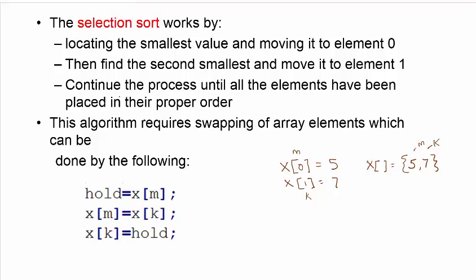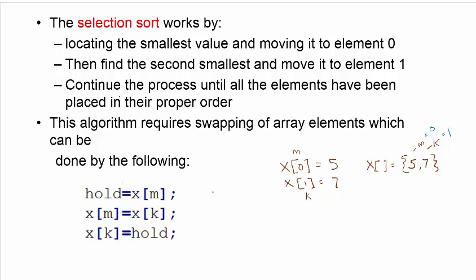So if I have an array, here my array only has 2 elements in it, a number 5 and a number 7, and I'm going to say that's the mth element and that's the kth element. In this case, m happens to equal 0 and k happens to equal 1. And so what this little piece of code does is it says hold gets the mth element.